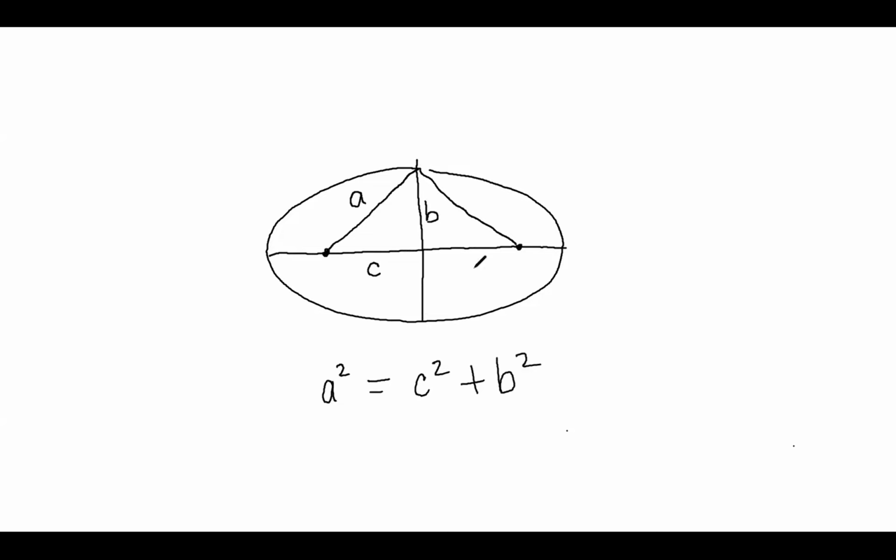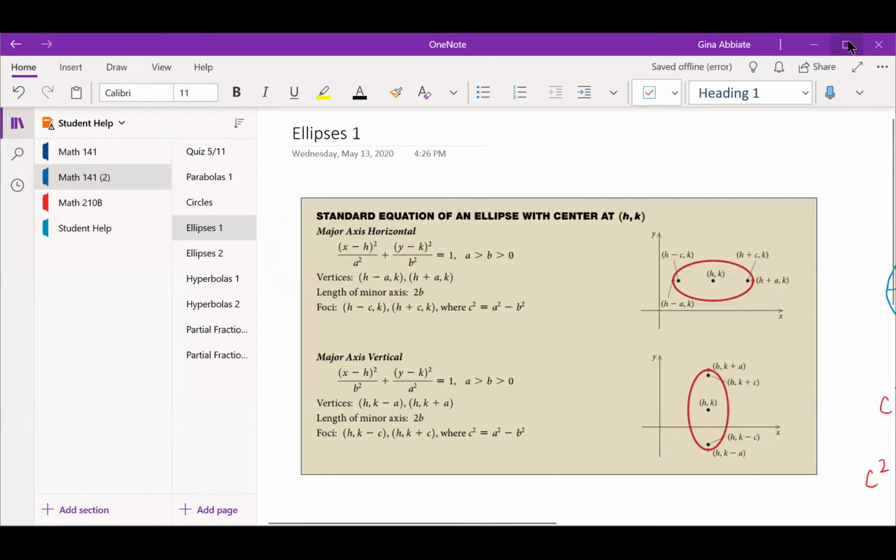That's the relationship that we're using in the ellipses. And oftentimes we're only given two of the variables in question, and we have to use that equation to find the missing one.